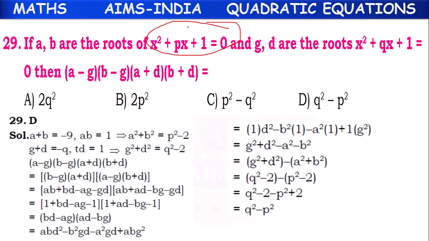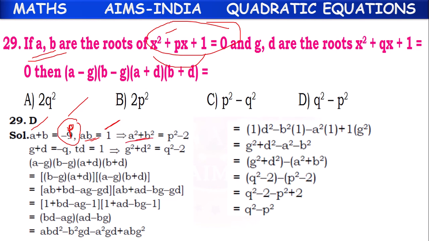Basing on that, a plus b equal to minus b by a, minus p by 1, which is equal to minus p. And ab value is c by a, 1 by 1, equal to 1.